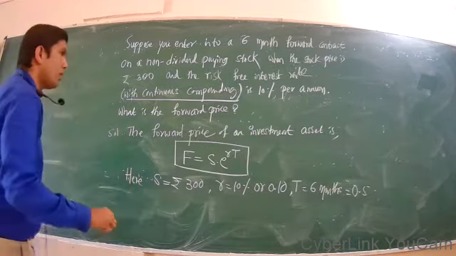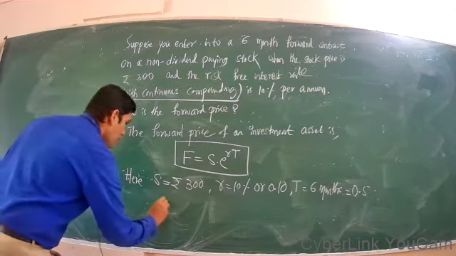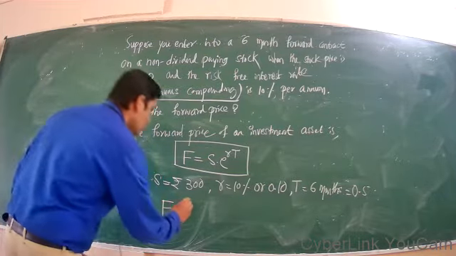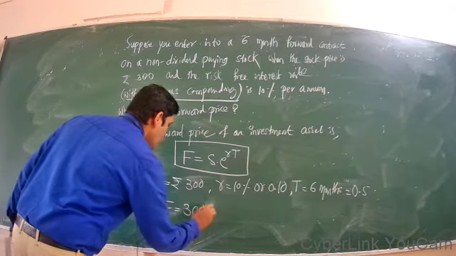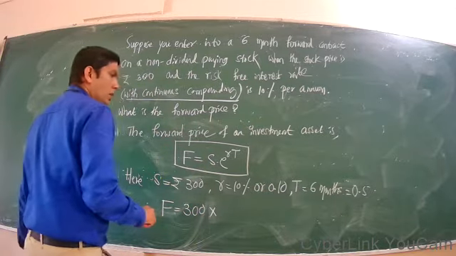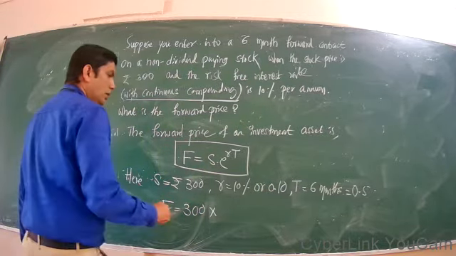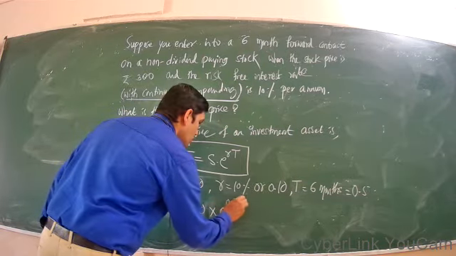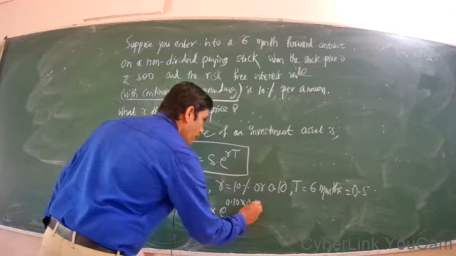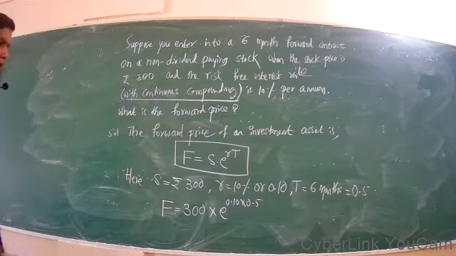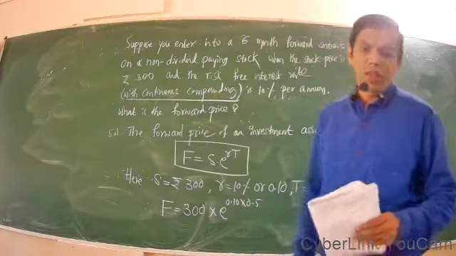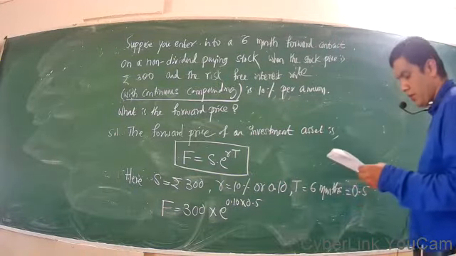Therefore F is equals to, plug the values, 300 into e raised to 0.10 into 0.5, and that gives 0.05, right?